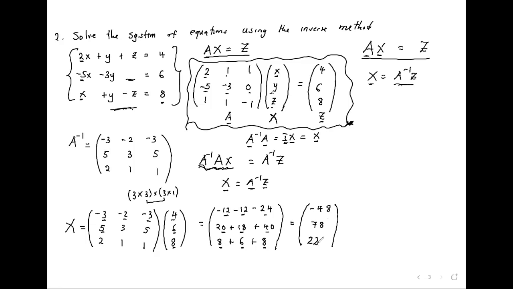So this means that X is equal to negative 48, Y is equal to 78, Z is equal to 22. Just the way you get them, the first one is X, the second one is Y, and the third is Z.